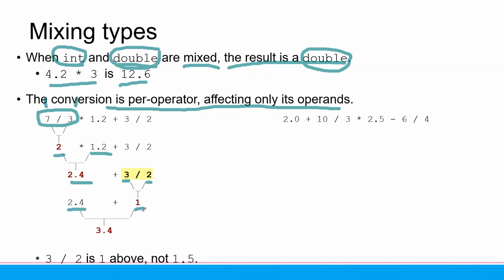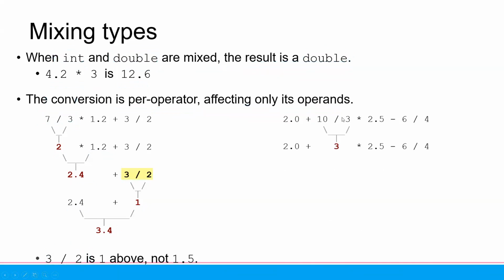And we have 2.4 plus 1, the result is double. Note that 3 divided by 2 is 1, not 1.5, because both of the numbers are integer. The same like this one, 10 divided by 3 is 3, because those two numbers are integer. And then we have 3 multiplied by 2.5, the result now is double. And 6 divided by 4, the result is 1, because those two numbers are integer.